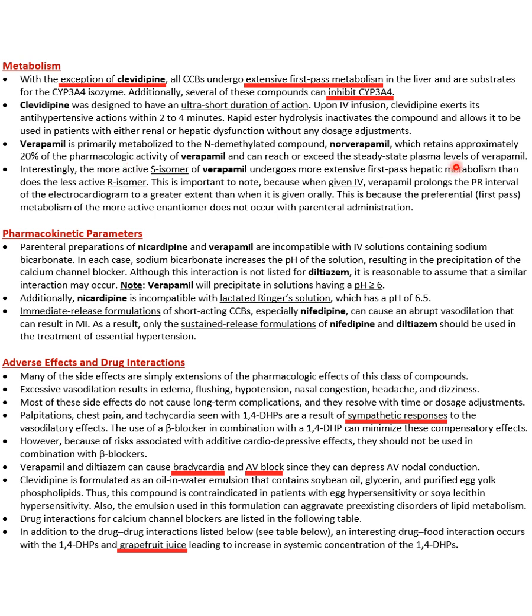Something else is also important about verapamil, which is the fact that the S isomer for verapamil goes through an extensive first pass metabolism. So when you take the drug orally, the S isomer, not the R, will go through extensive first pass metabolism, and that's why you'll need a higher dosage of the verapamil if you give it orally. Now, why is this important?